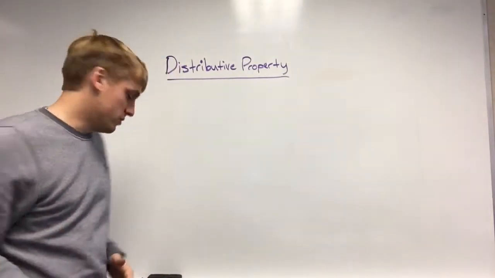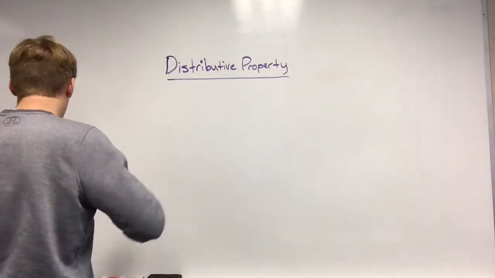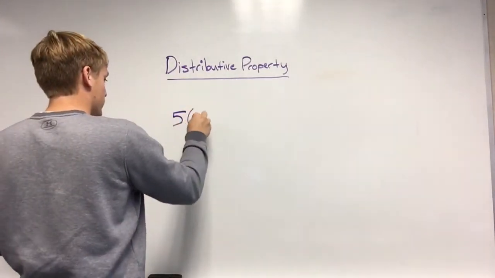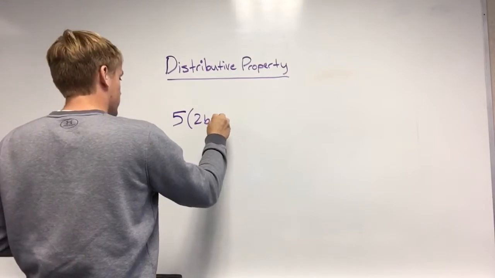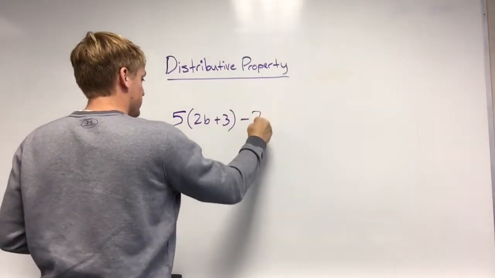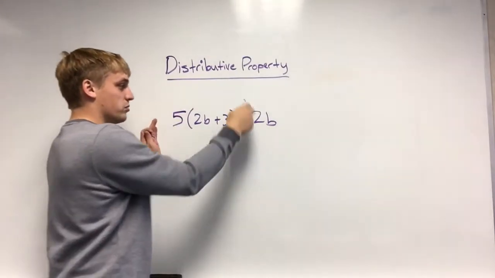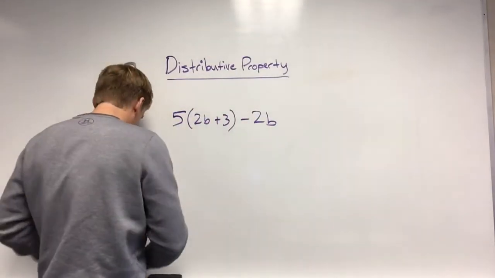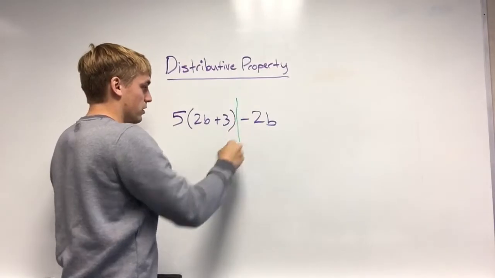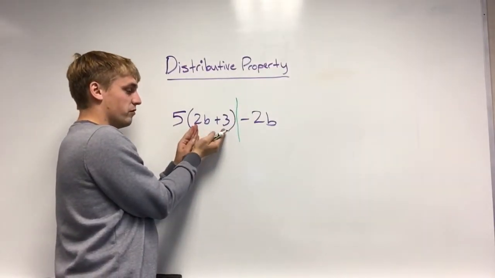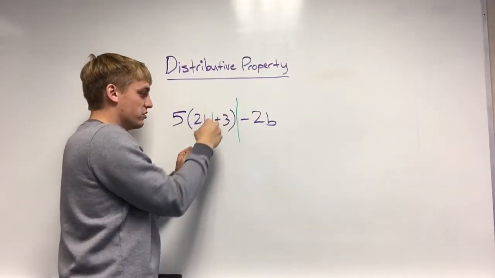Okay, so we're going to write 5 times the quantity 2b plus 3, minus 2b. In this whole expression, we have two terms, and inside of the parentheses there are also two terms.